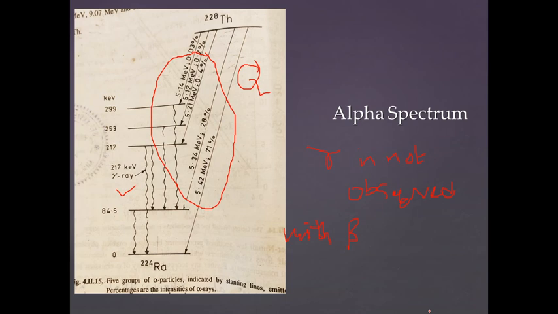In alpha emission, it is assumed that the alpha particle is created much before it tunnels through, while beta emission is emitted at the time of its creation. It is created and it gets out of the parent nucleus to get converted into a daughter nucleus.